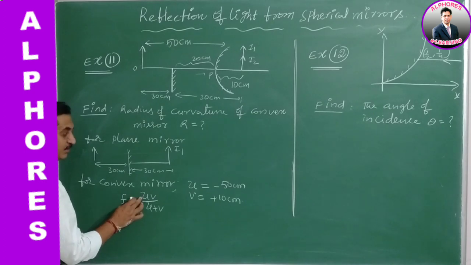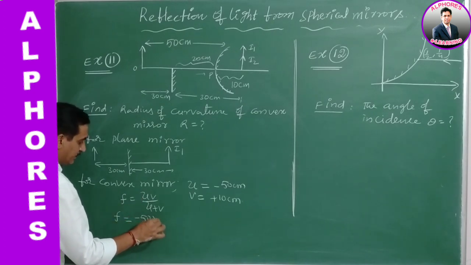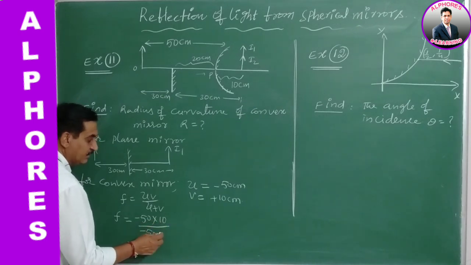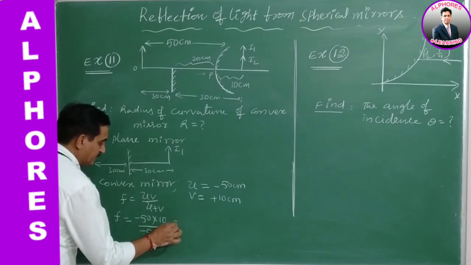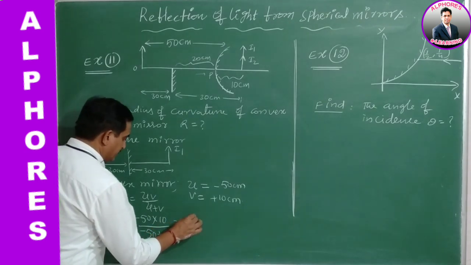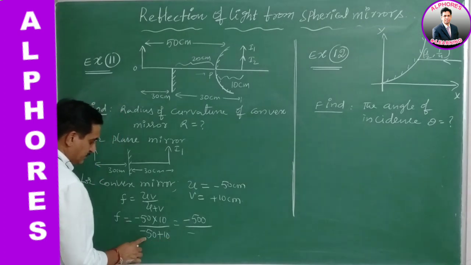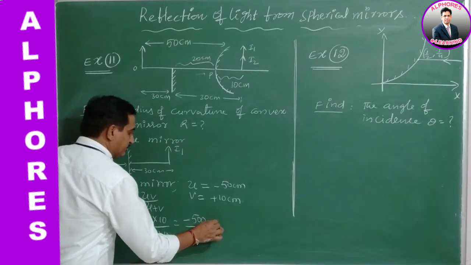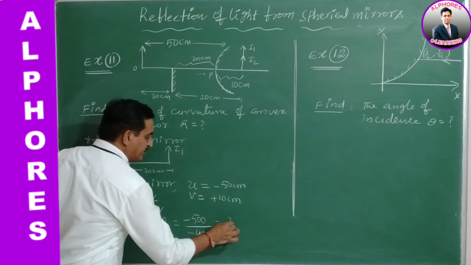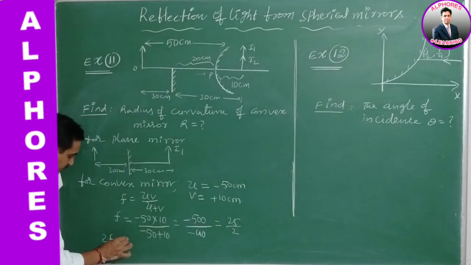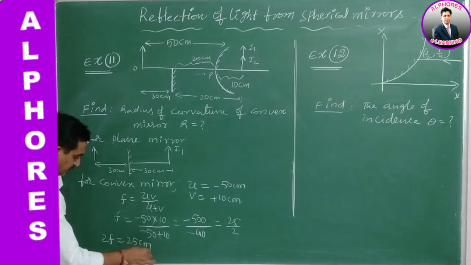Substituting the values, u is minus 50 into v is 10, by minus 50 plus 10, which gives minus 500 by minus 40, which gives 25 by 2. Taking the 2 to this side, 2f will be equal to 25 centimeters.